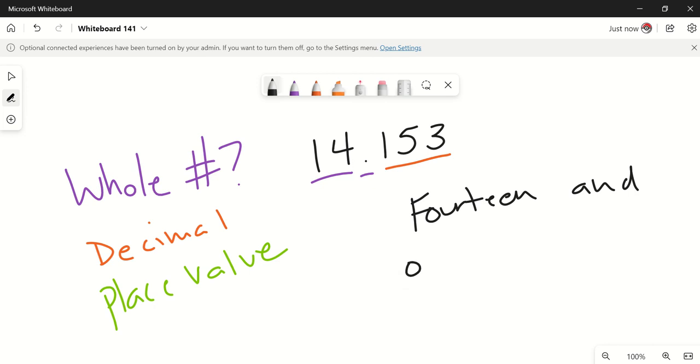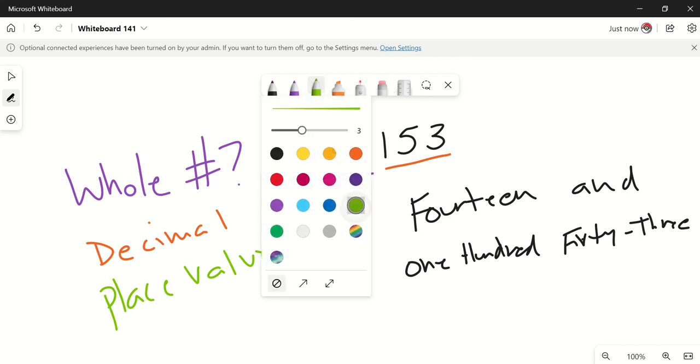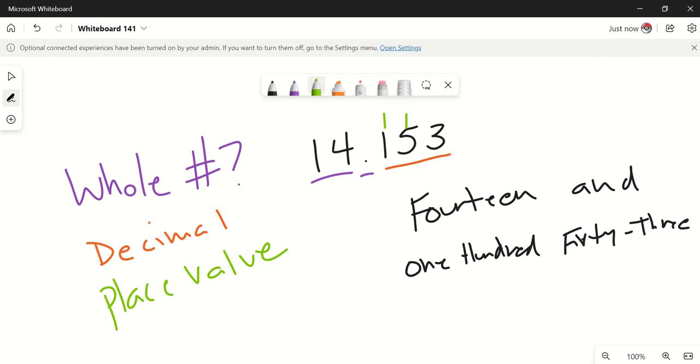So I'm going to write that. 14 and 153, and I don't put the 0, I just put 153, and then the place value. So again, tens, hundreds, thousands. So this would be 14 and 153 thousandths, because remember, it's on the right of the decimal. 14 and 153 thousandths.